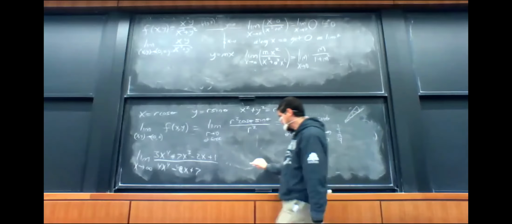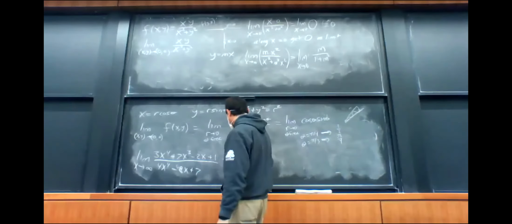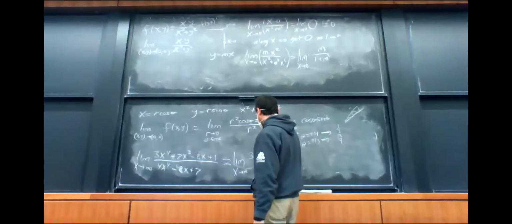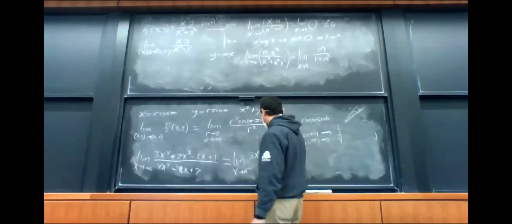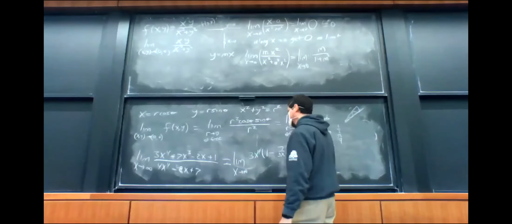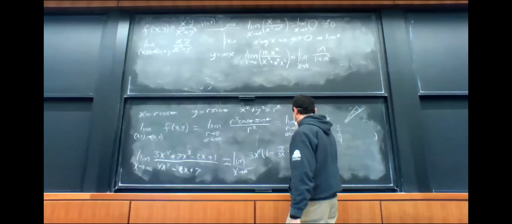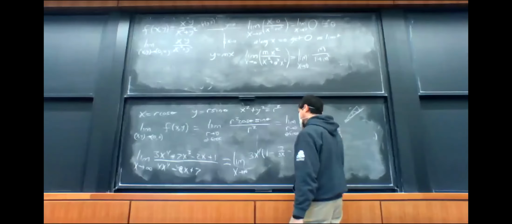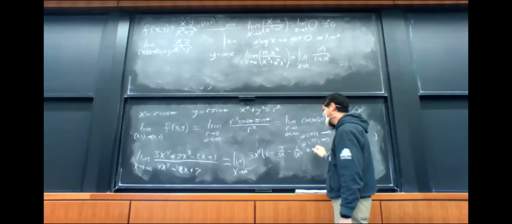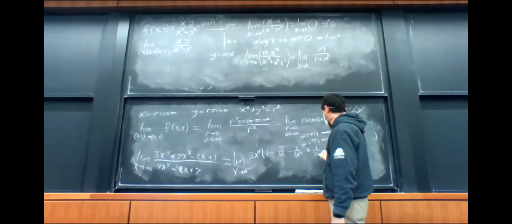So the way you handle limits like this is you pull out the highest power you can from the numerator and denominator. From the numerator, I will pull out a 3x to the 4th, and I'll get 1 minus 7 over 3x minus 2 over 3x cubed plus 1 over 3x to the 4th.